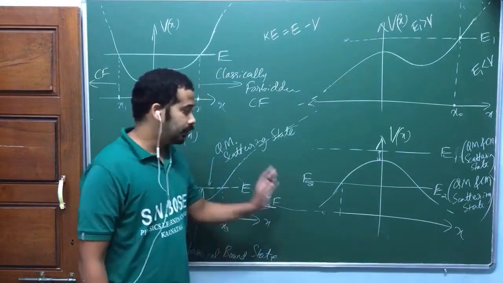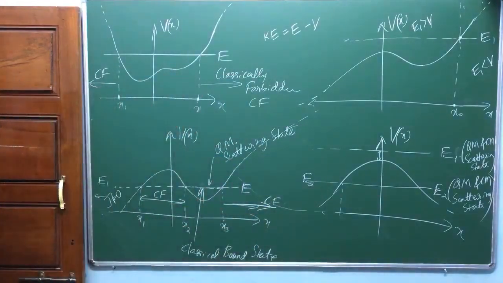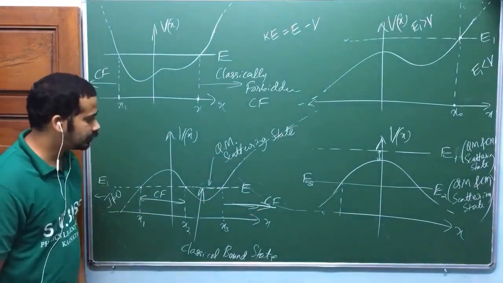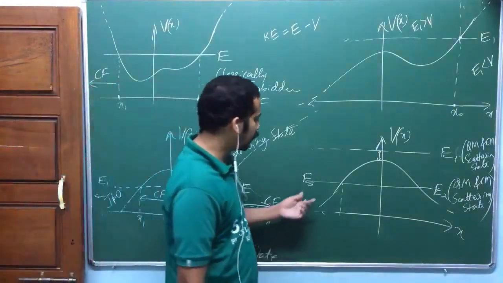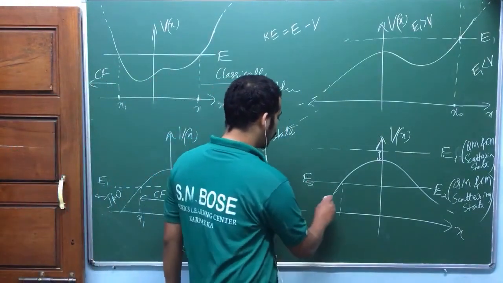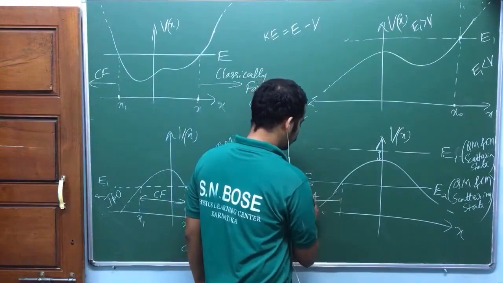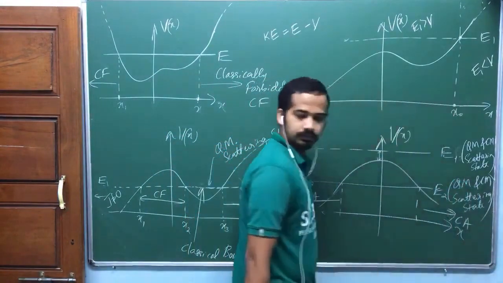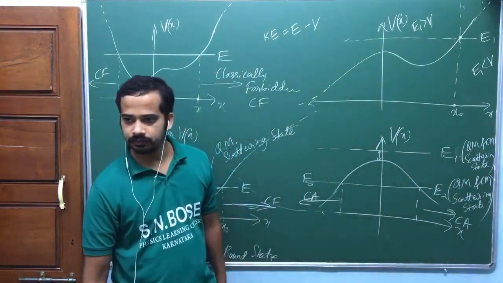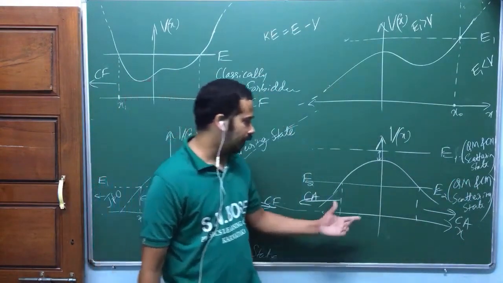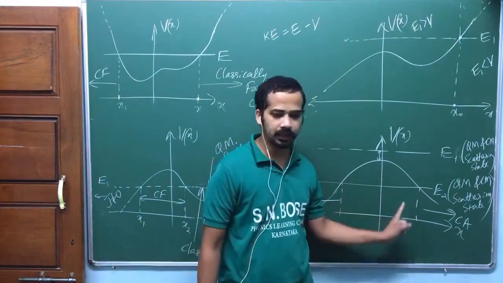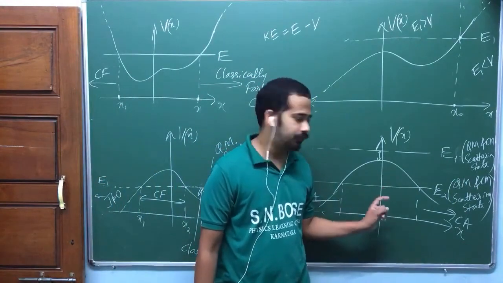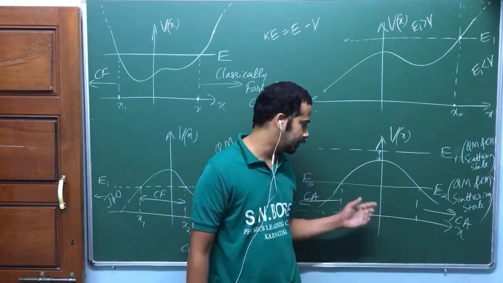Now, what is tunneling? The best way to define tunneling is that it's a process in which a particle goes from one classically allowed region to another classically allowed region. You will have finite probability of finding the particle here also, but if you find the particle here, we don't call it tunneling.